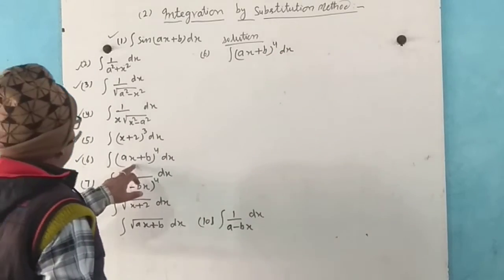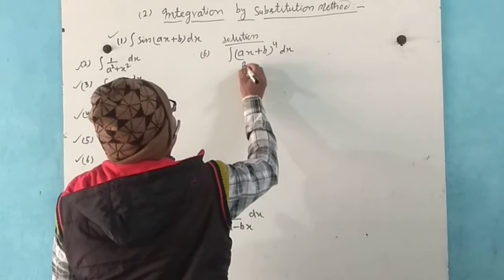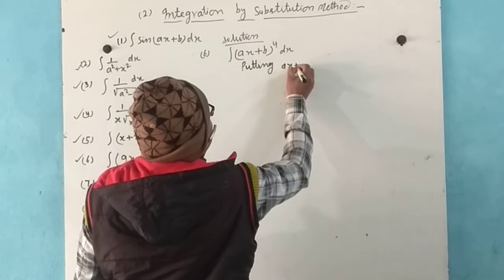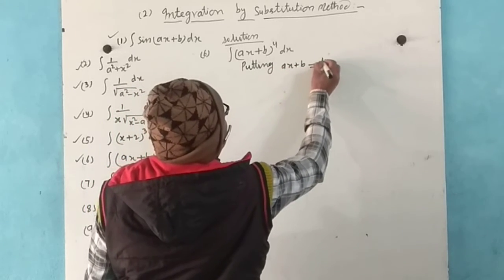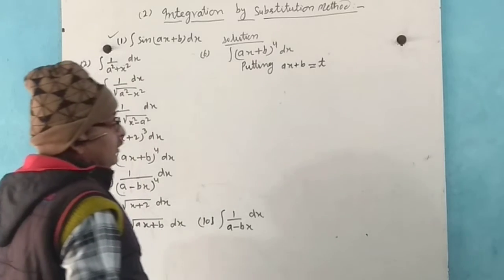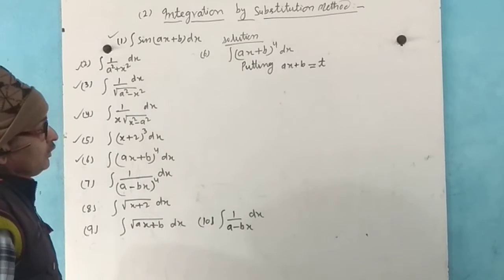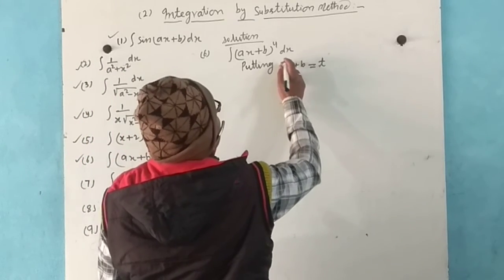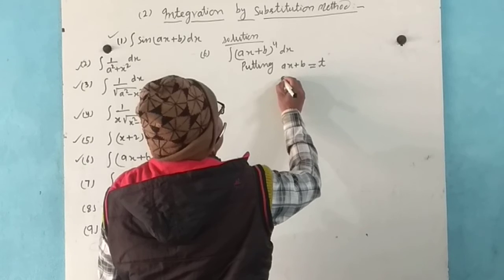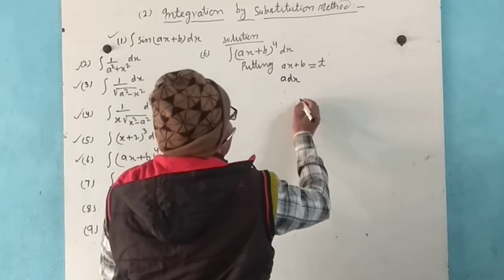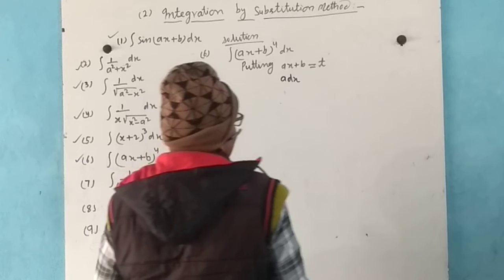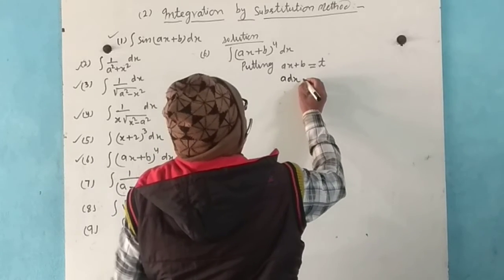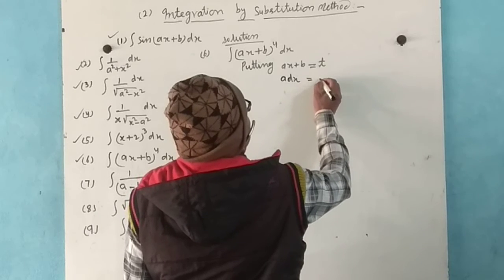Now putting ax plus b equal to t, differentiating this, a dx equal to dt.